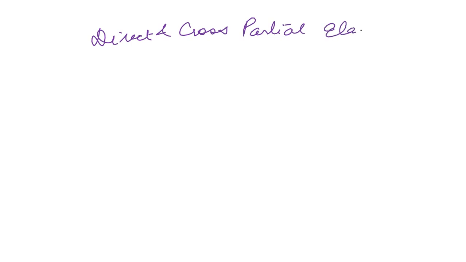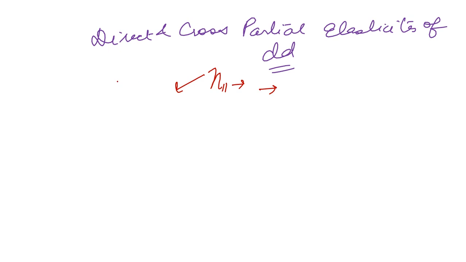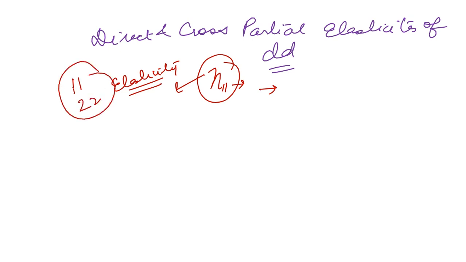Now we have the concept of direct and cross partial elasticities of demand. When I talk about the first good with respect to its own price, this term is for elasticity. Writing 11 and 22 represents direct elasticity.